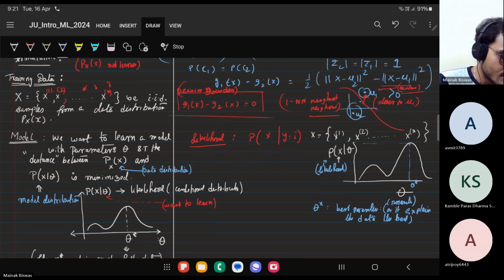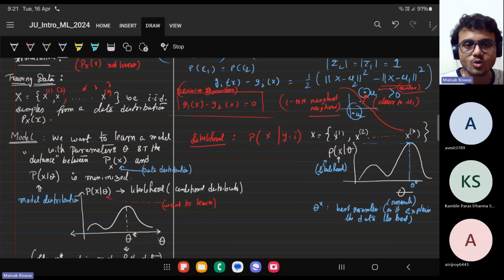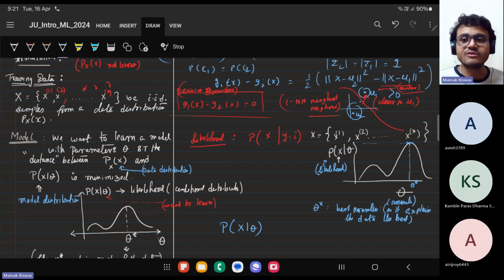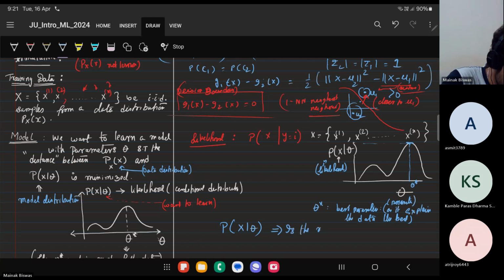Okay. So this is your theta star. But now what do I mean by this theta star? What I have is X given theta, the model, or the model likelihood.